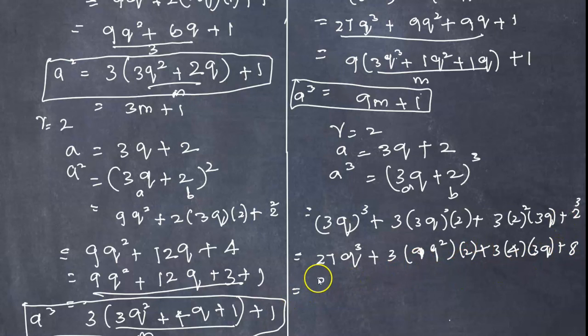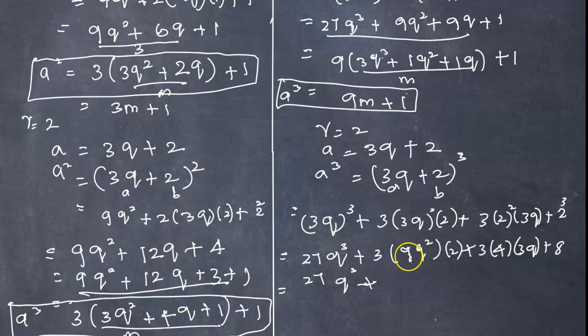So which equals 27q cube plus 3 into 9 is 27, 27 into 2 is 54 q square plus 3 into 4 is 12, 12 3s are 36, 36 q plus 8.